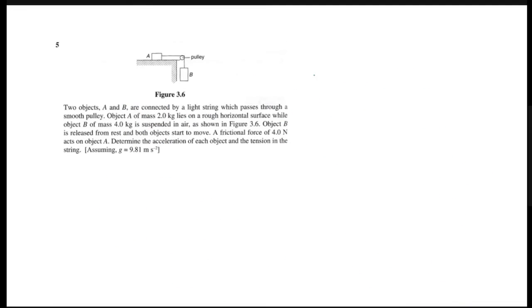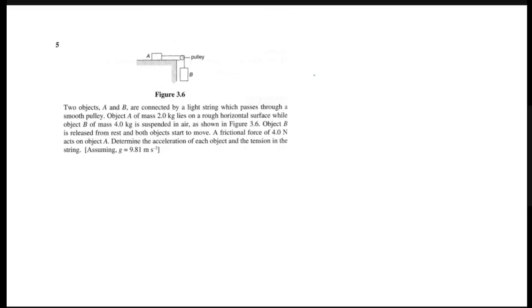Okay, question number 5. We have a pulley, and the pulley is frictionless. We also have a rope, a string, and the string is also massless. Two objects A and B are connected by a light string which passes through a smooth pulley.